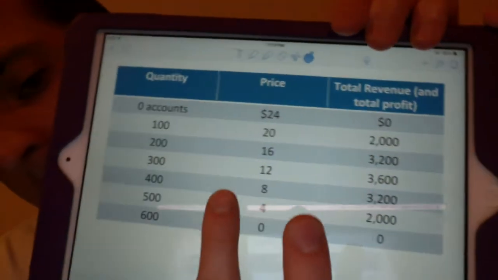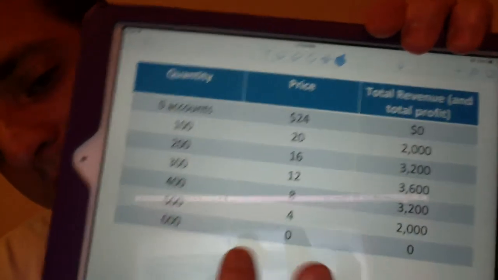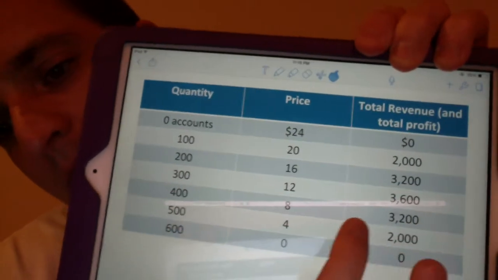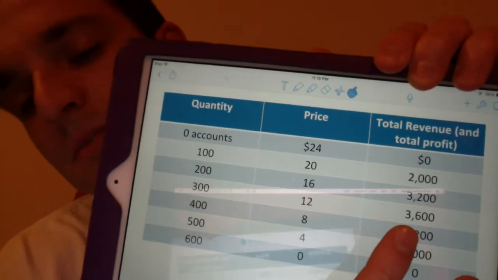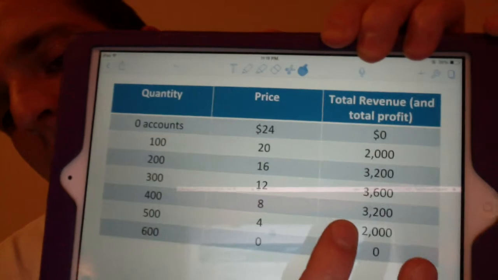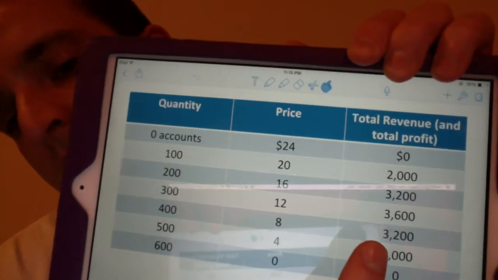But now Netflix lowers to $8. Instead of selling 150, they're now going to sell all 400 accounts and make $3,200. So it's not the maximum profit for both firms, but it is the maximum profit for Netflix. With this decision, they cut out Amazon and Netflix makes more money.